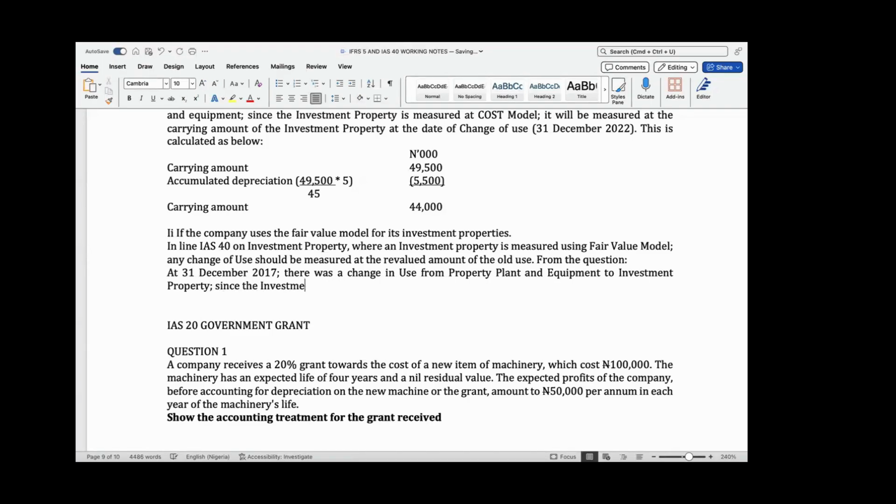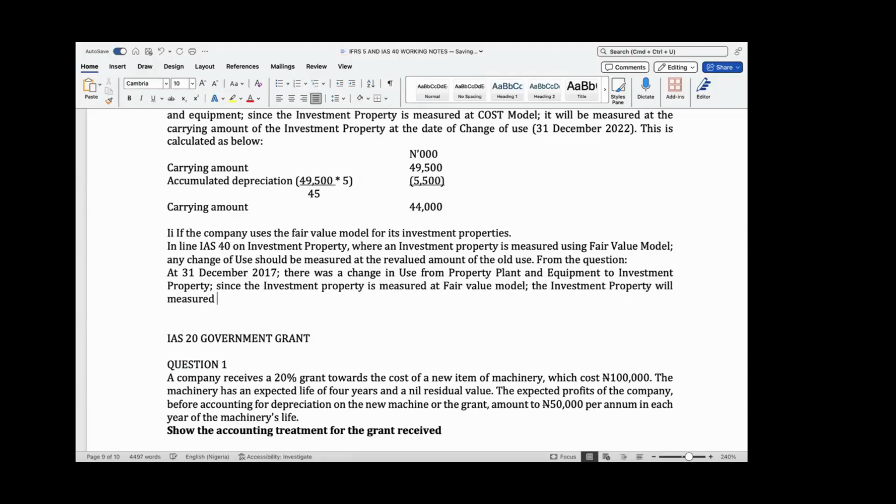Since the investment property is measured at fair value model, the new classification, the investment property, will be measured at the fair value at the date of change in use.